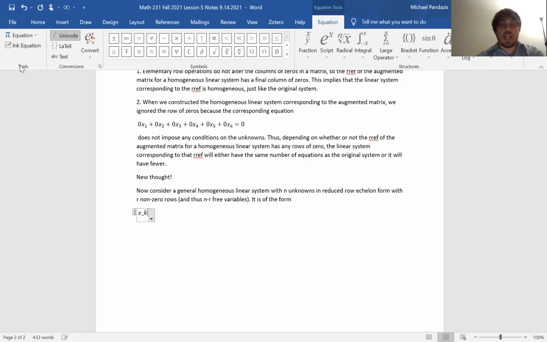x sub k sub 1 plus sigma of parentheses. I'll explain what that notation means. The next one is x sub k sub 2 plus sigma of that, which equals 0.